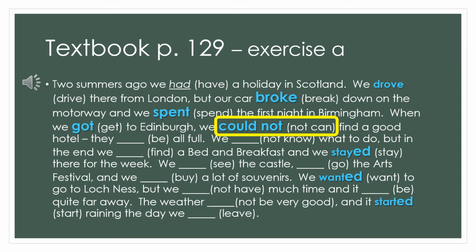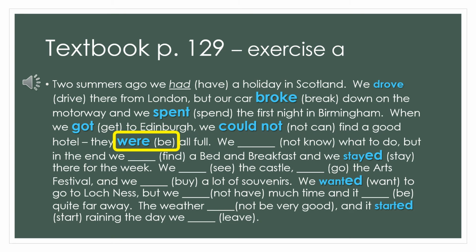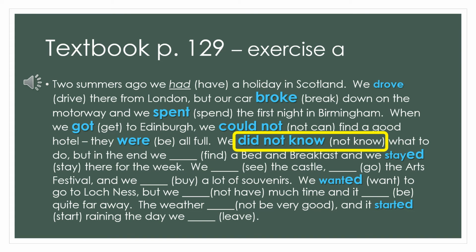Can becomes could. Could not. Be becomes were. Were. To make the verb know negative, you must add the auxiliary verb did. Did not know.